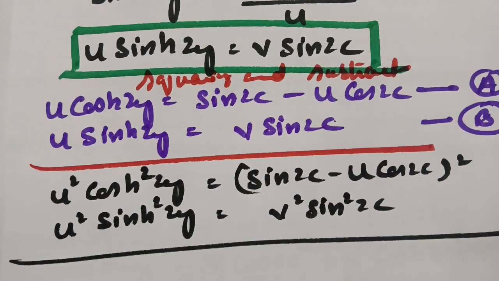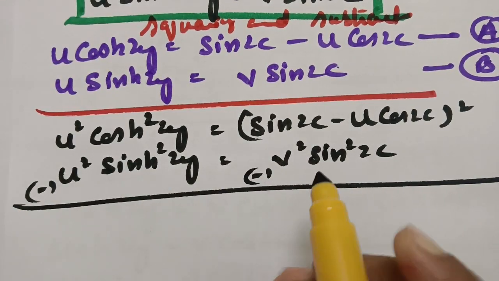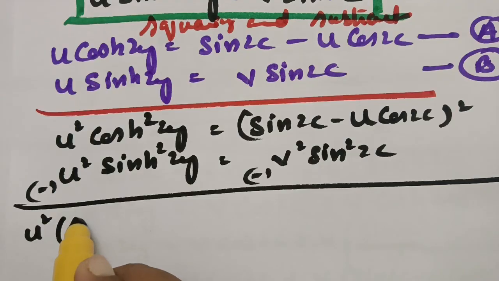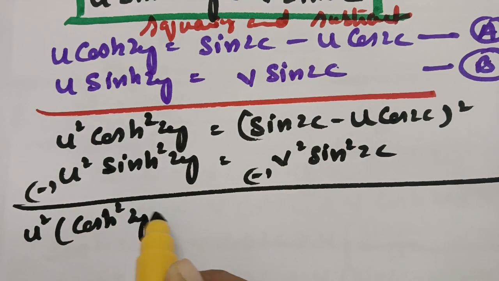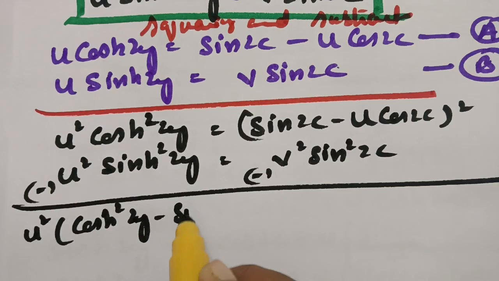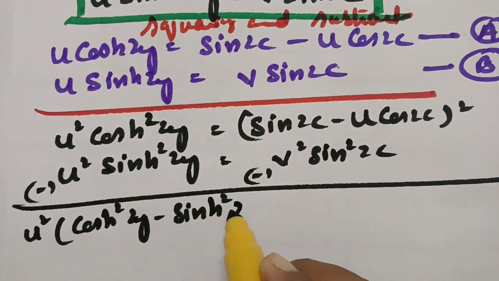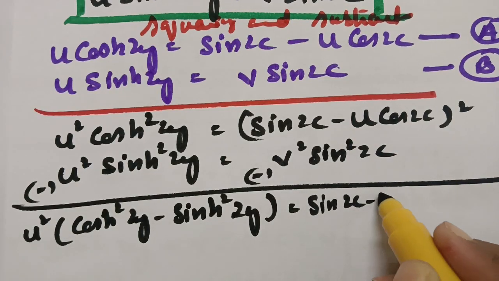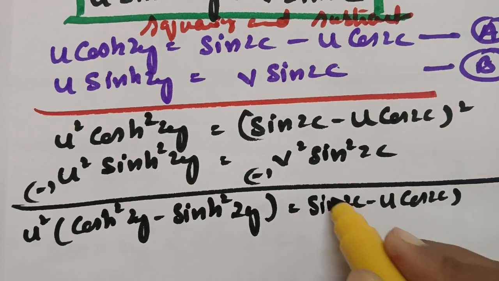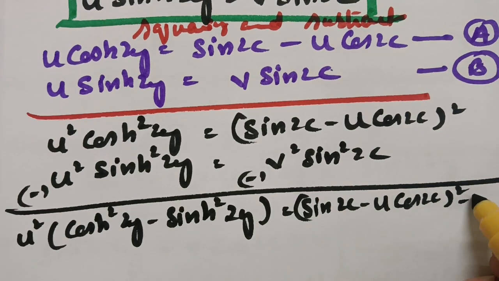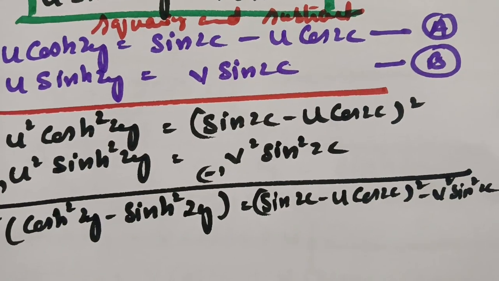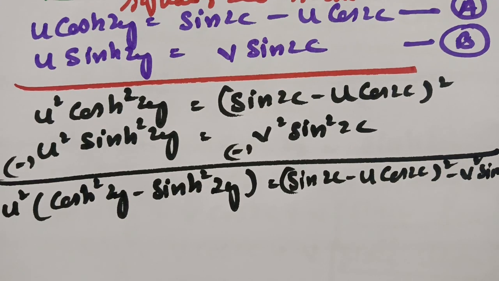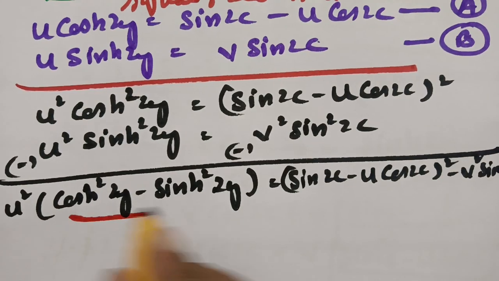Now if I subtract and take u square common, this is cosh square y minus sinh square y is equal to (a sine 2c minus u cos 2c) whole square minus v square sine square 2c. Clear? As you know, cosh square y minus sinh square y is equal to 1.